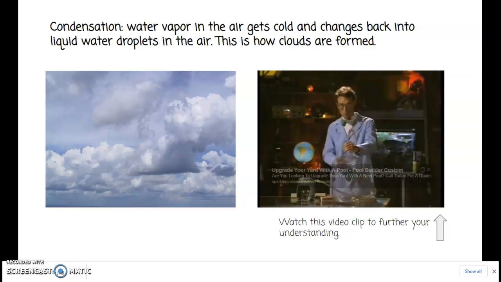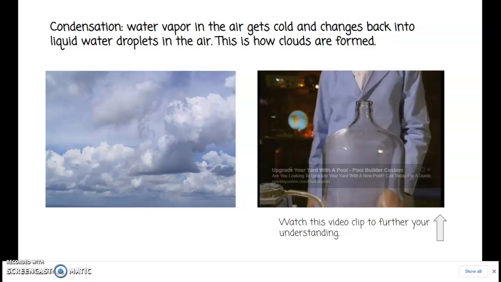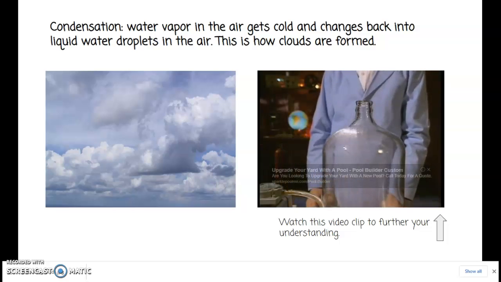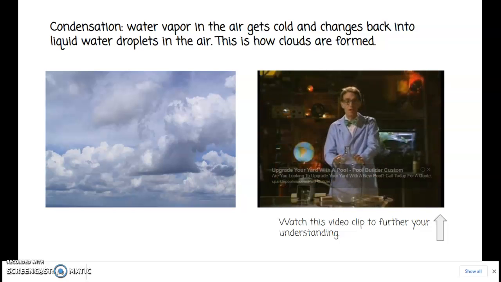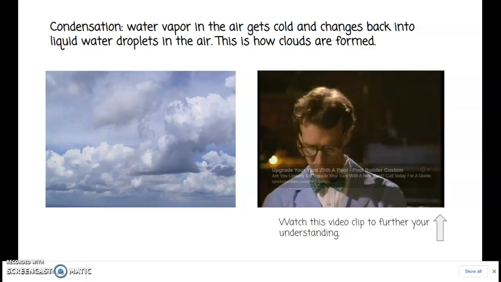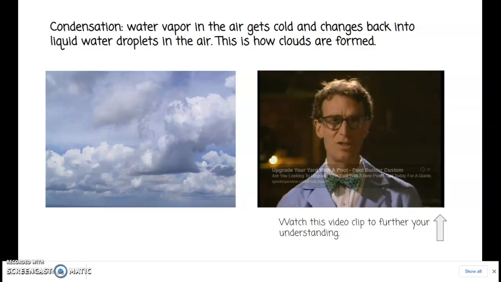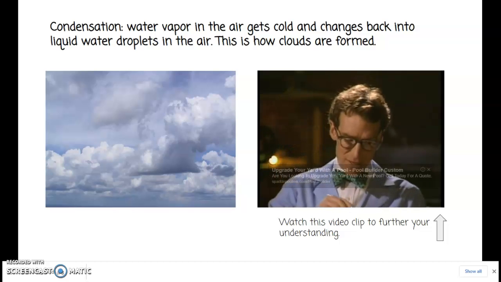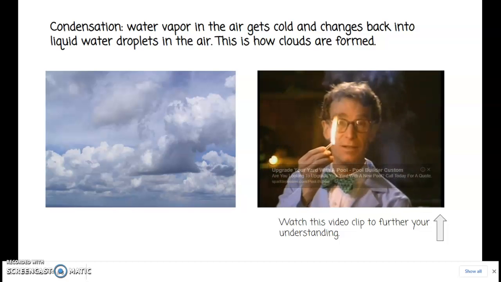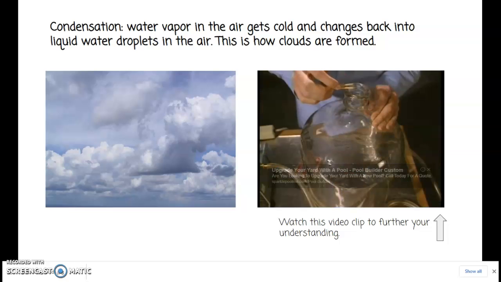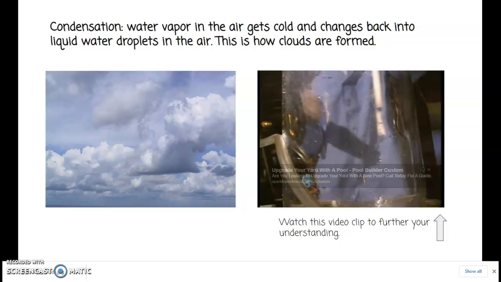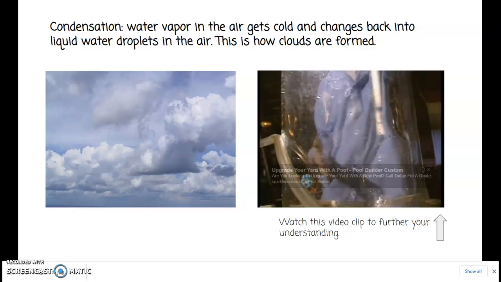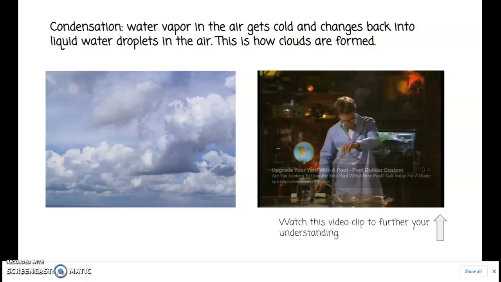3, 2, 1. See, nothing happened. That's because the water vapor didn't have anything to stick to. So what we're going to do is add some dust. Just a tiny amount of dust. And to make the dust, we'll use the smoke from these 2 matches. That's all the dust we need to form a cloud. Now watch.